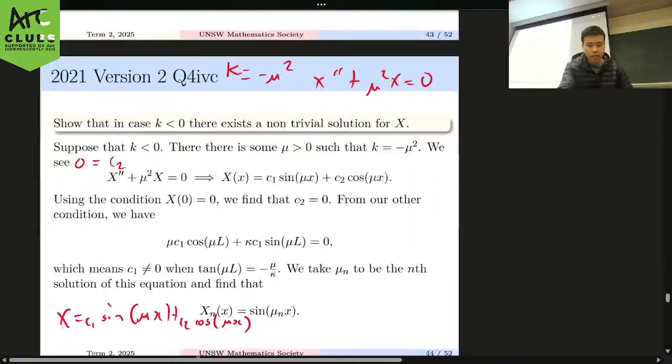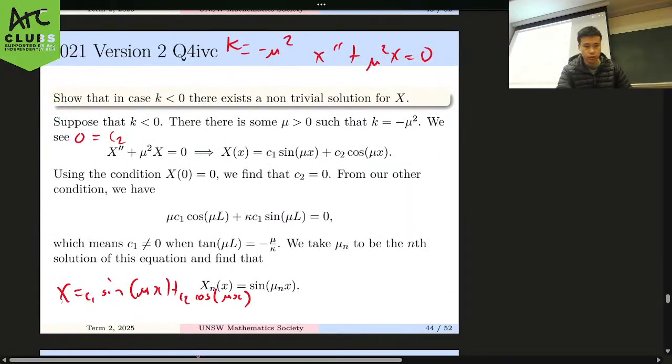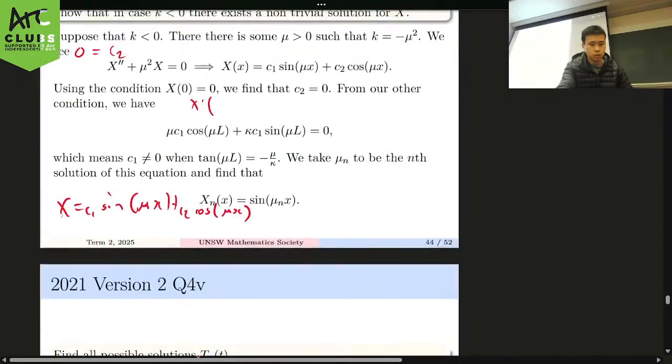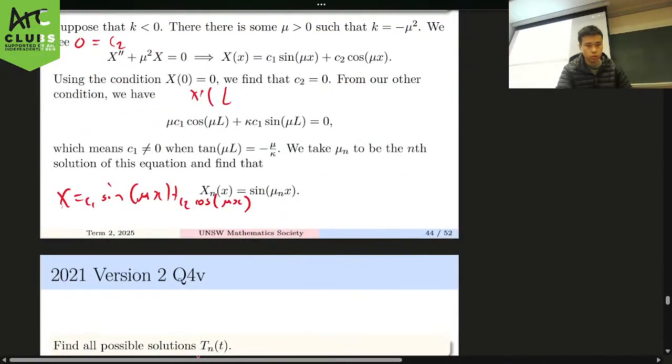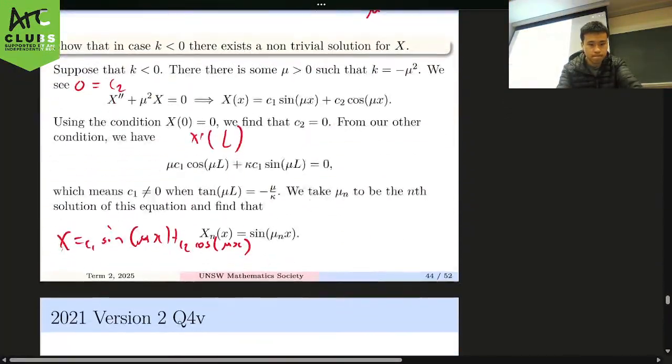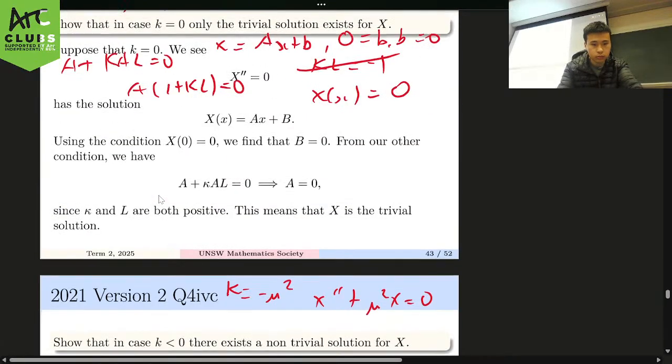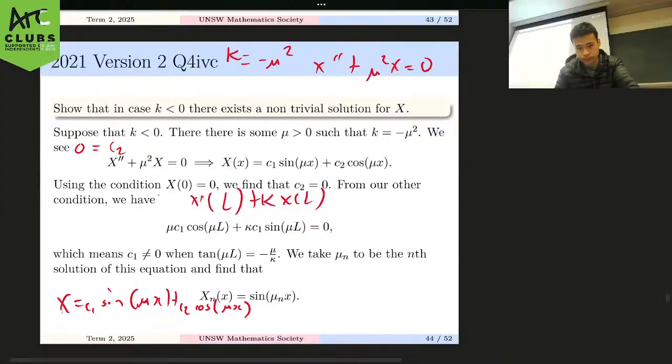So literally the x dash thing. x dash at L, plus k of x at L, is equal to 0. So how do we do this?